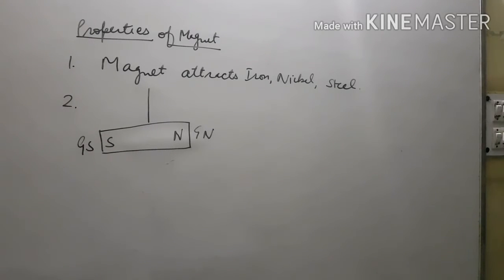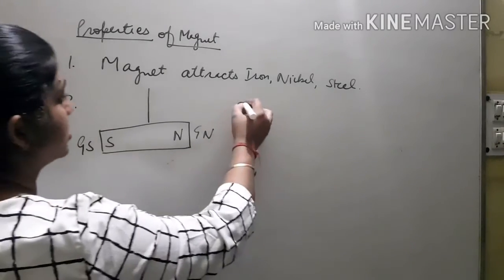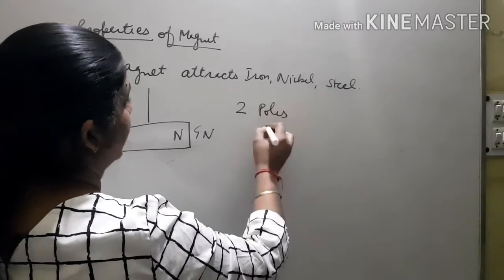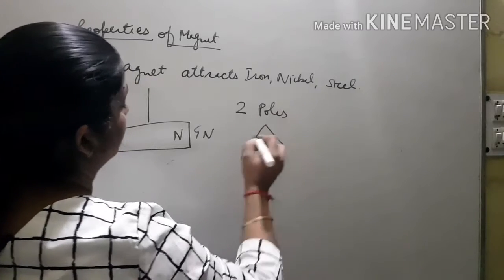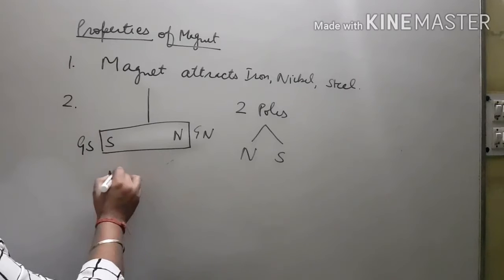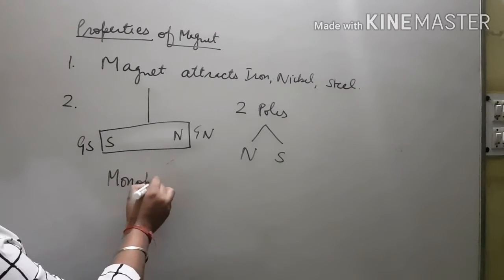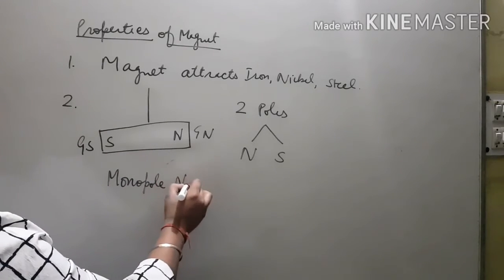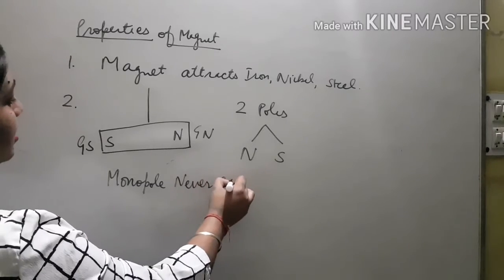It means every magnet has two poles, north and south, but a monopole never exists in nature.